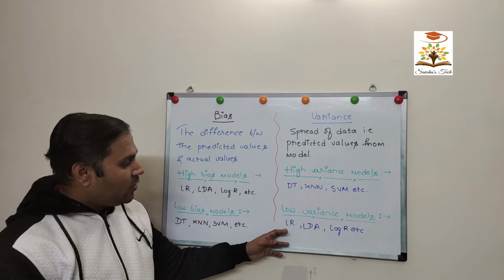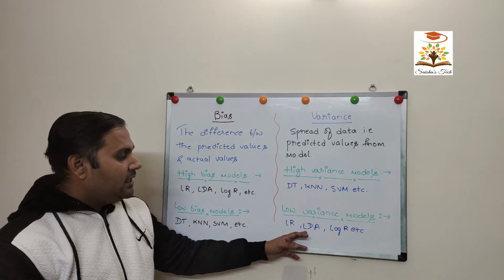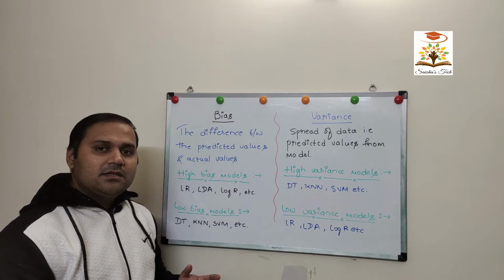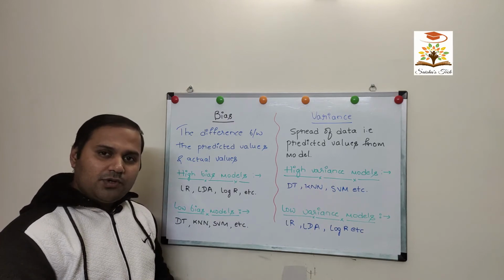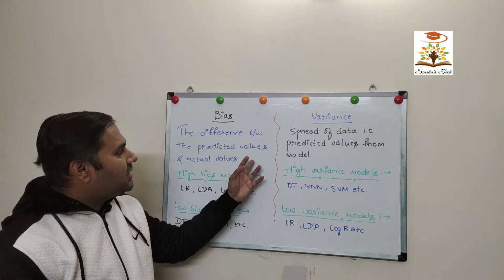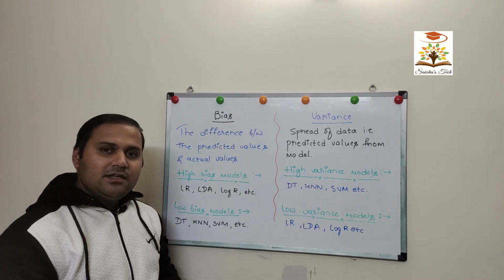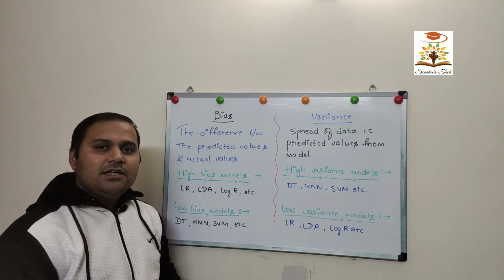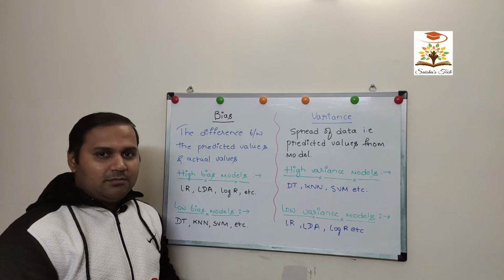Similarly, the linear models like linear regression, linear discriminant analysis and logistic regression provide us low variance output. As we have understood the basic definition of bias and variance, now let us analyze the bias and variance with the bullseye diagram.